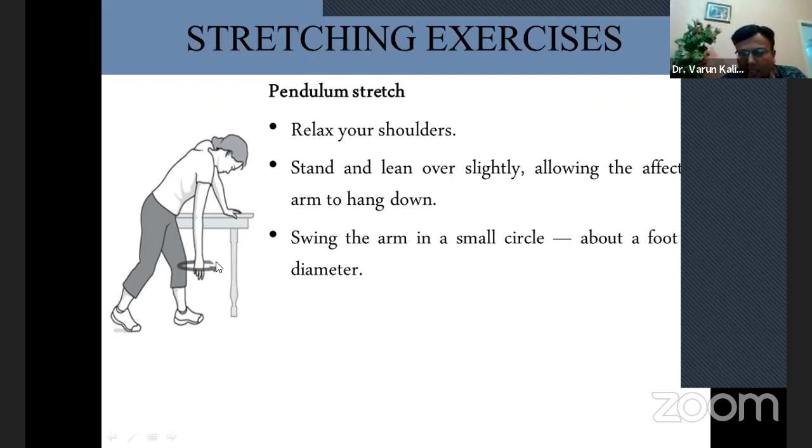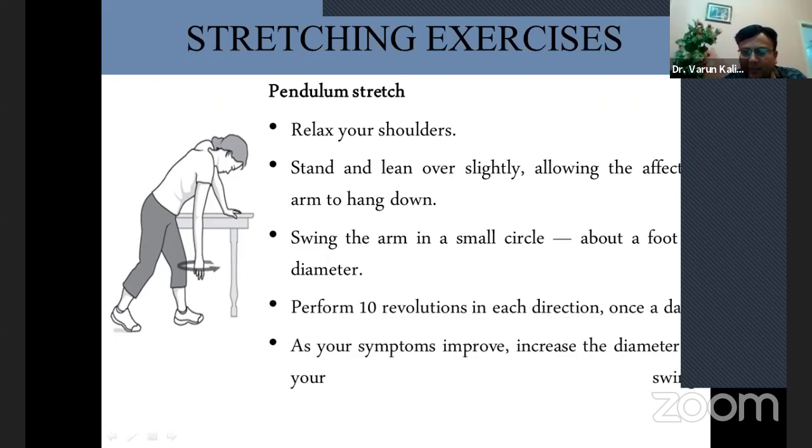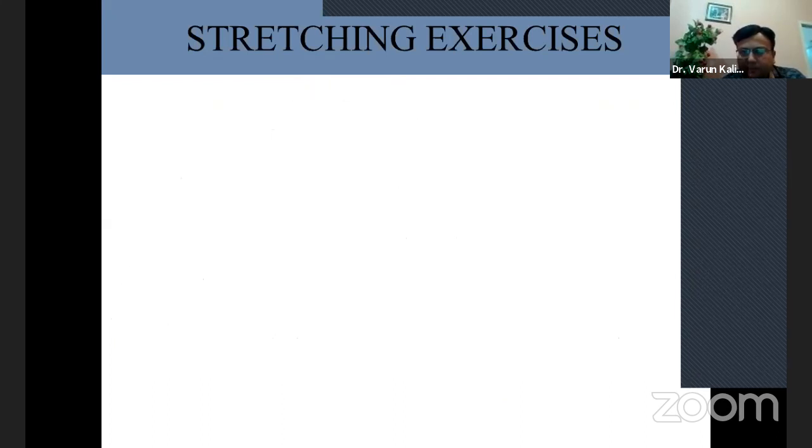Here you can see, clockwise or anti-clockwise, the patient can swing or make a small circle. Perform 10 revolutions in each direction once a day. As your symptoms improve, increase the diameter of your swing. Or we can progress with this exercise by using small weights in the hands of the patient.